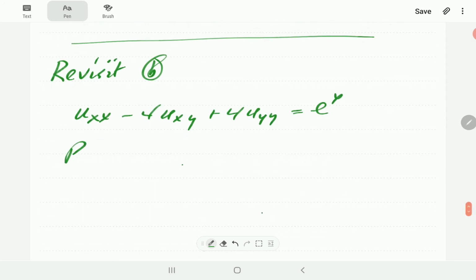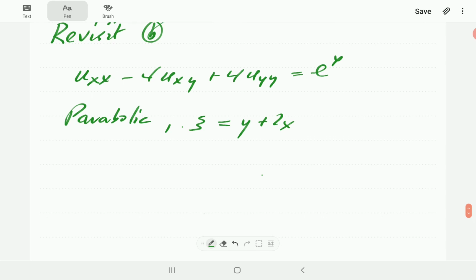We found that this PDE is parabolic. So if it's parabolic, there is only one canonical coordinate that comes from the characteristic ODEs.